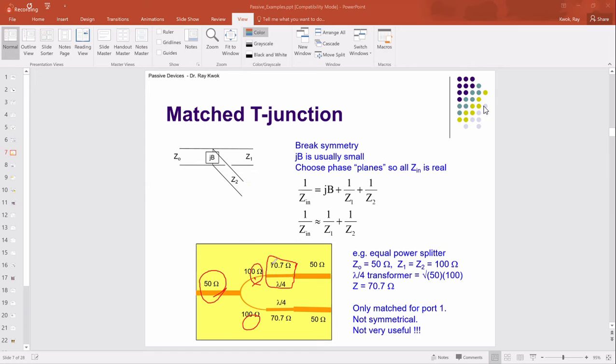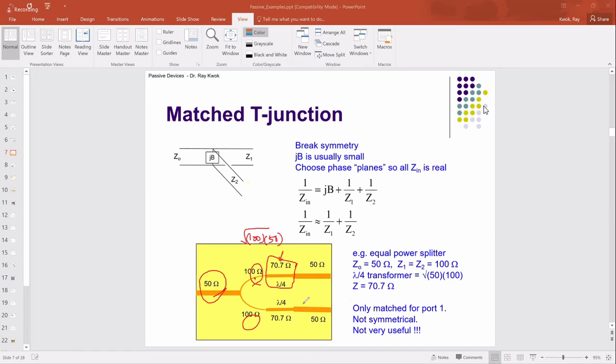So quarter wave, the square root of 100 times 50, that would give you about 70 ohms, right? Now looking at port 1, port 2, port 3, they all are 50 ohm ports.